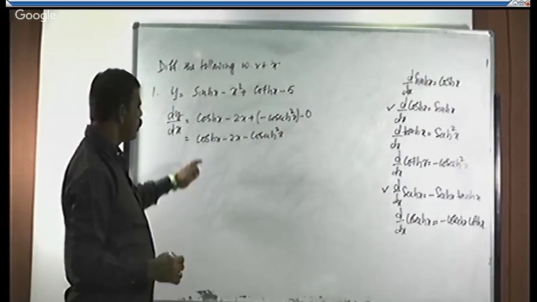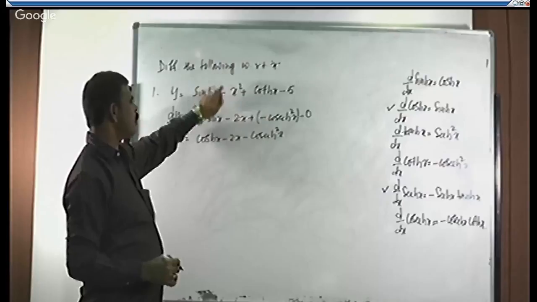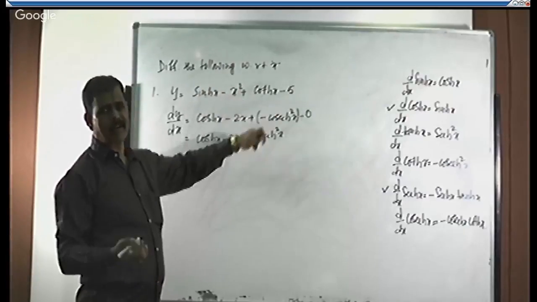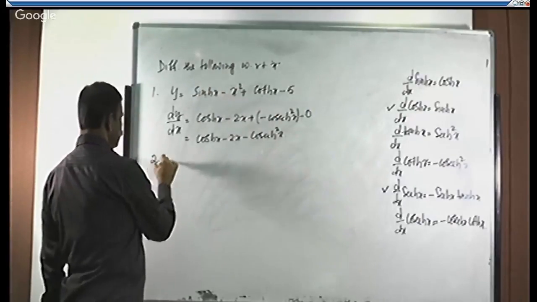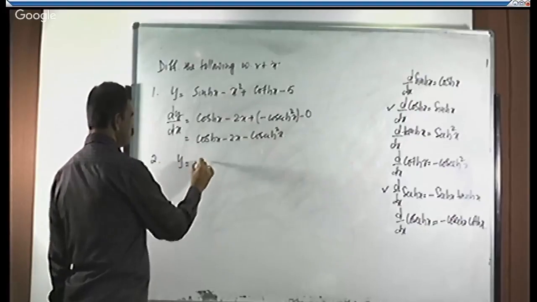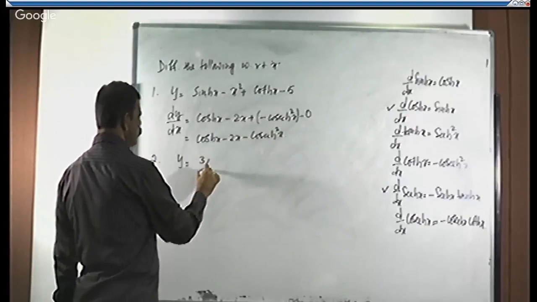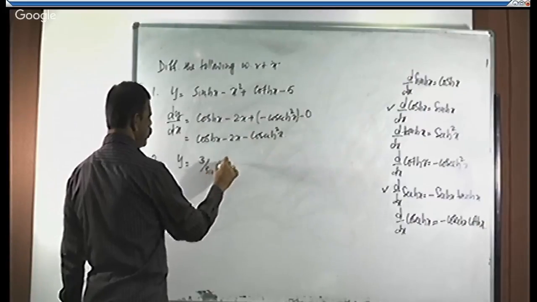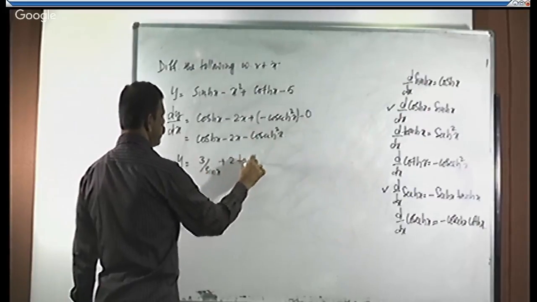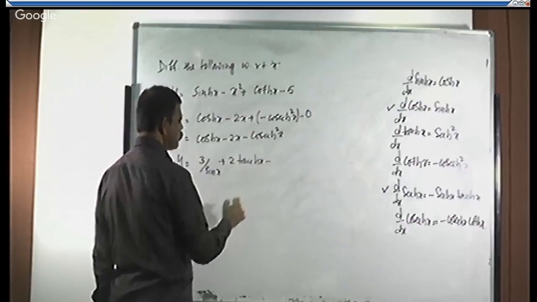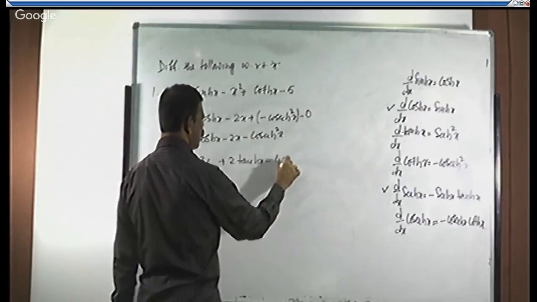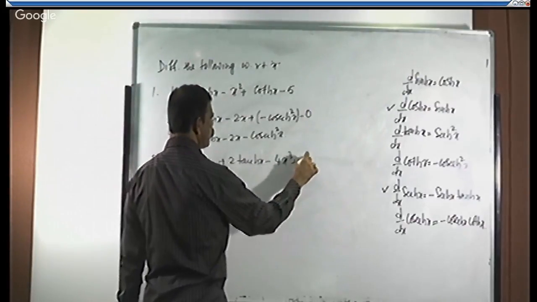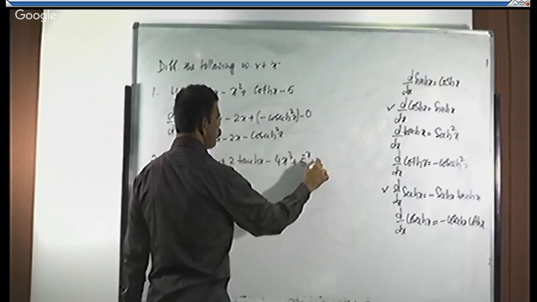So we can combine the hyperbolic functions as well as the trigonometric or algebraic functions. Y is equal to 3 divided by sin x plus 2 tan hx minus 4 x cube plus 5 to the power of minus x plus 10.